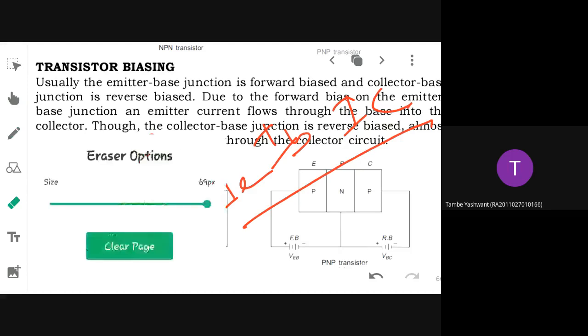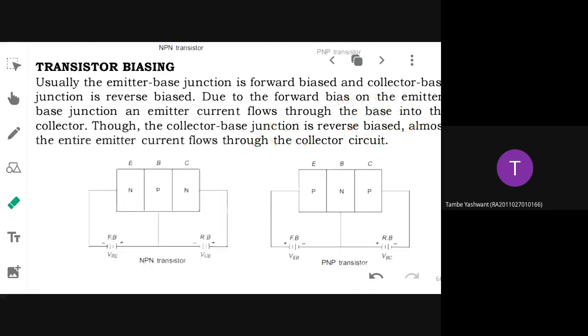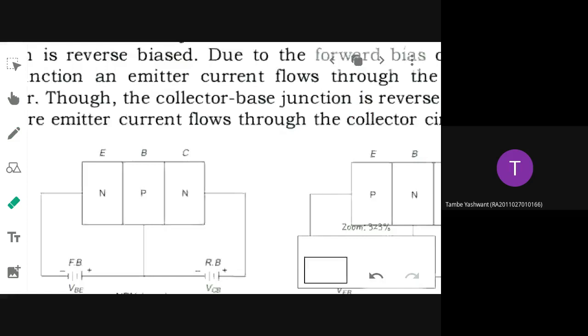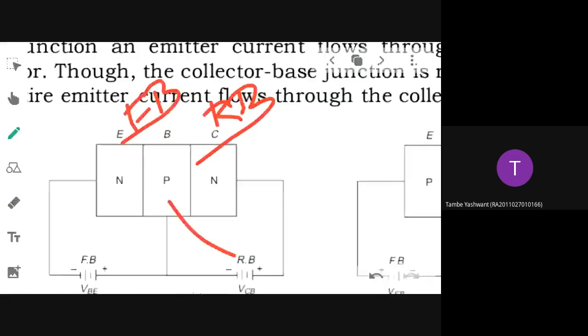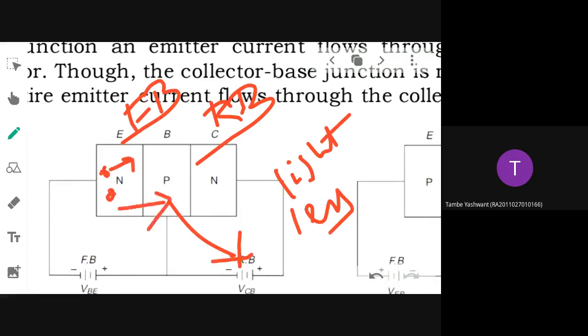Again, the first thing is emitter base, you are going to forward bias, and collector base, you are going to reverse bias. The middle sandwich layer is slightly doped, because of which the majority charge carriers will be very less in number. Whatever electrons are here will try to move towards the junction, because here you have a forward bias condition.